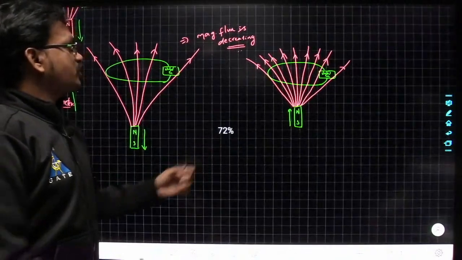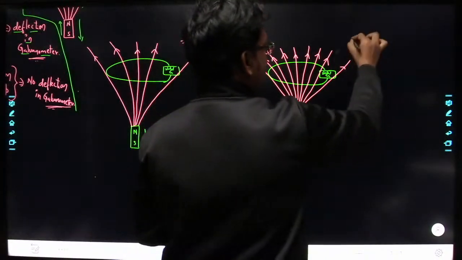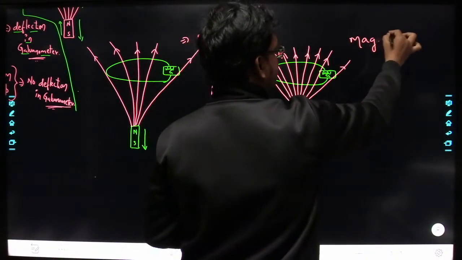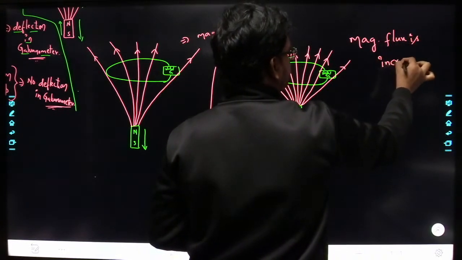So in this case, the magnetic flux is what? Is increasing.